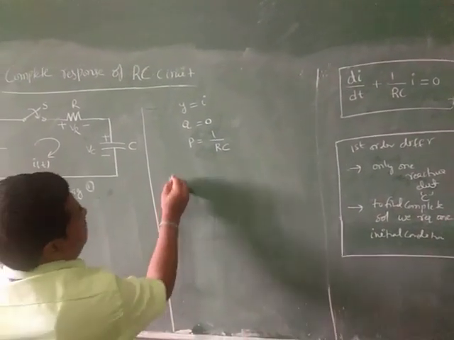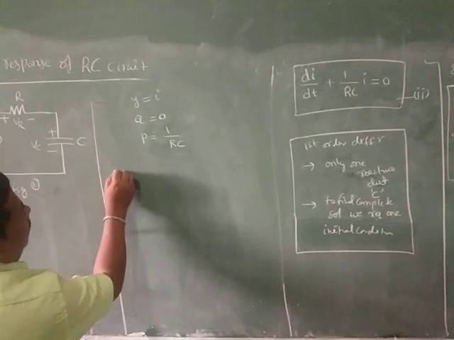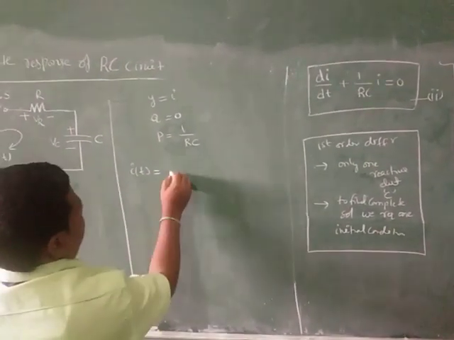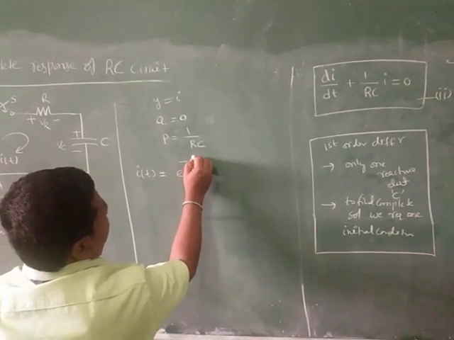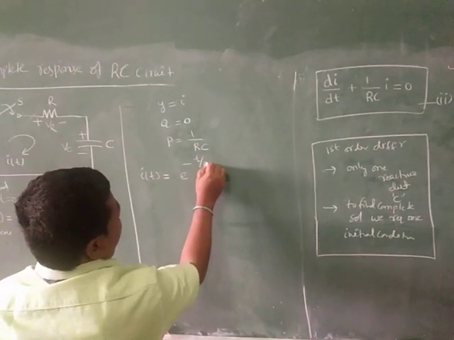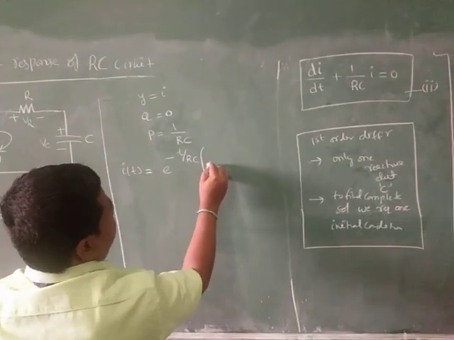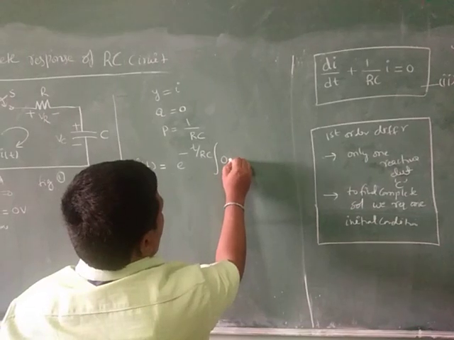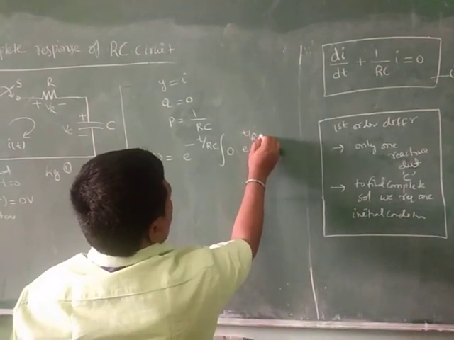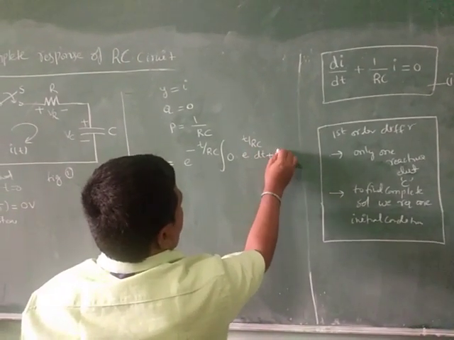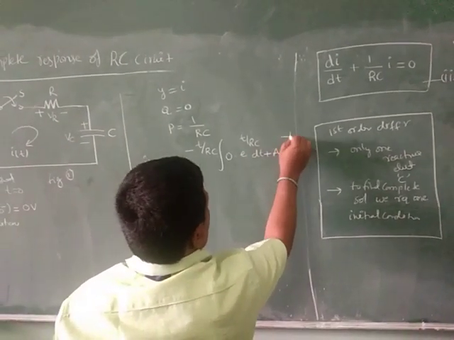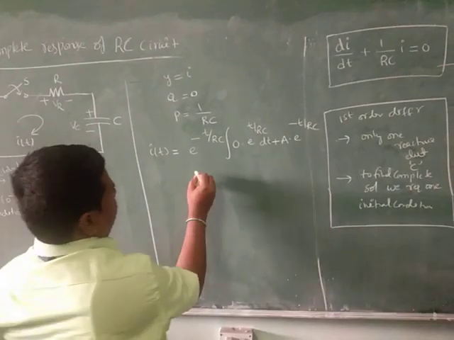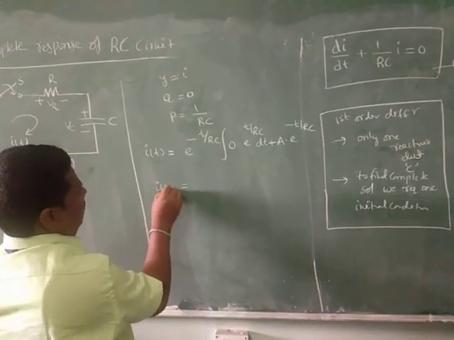Now the solution is I of t is equal to e power minus t by RC integral q, which is 0, into e power t by RC dt plus a into e power minus t by RC. So the solution consists of two parts.